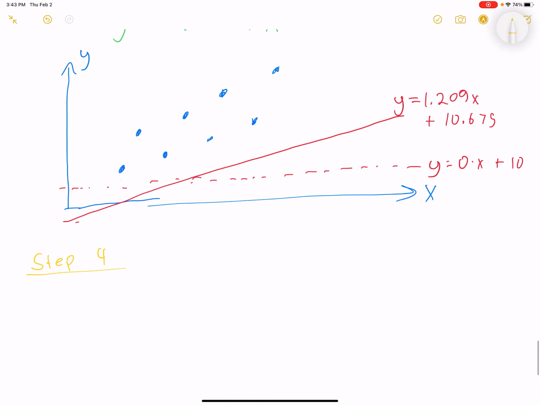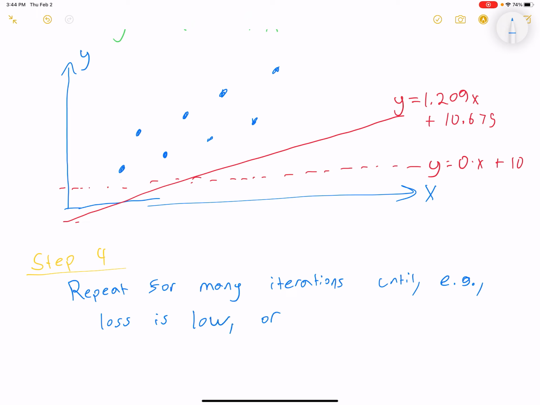And finally, step 4 is go back to step 2. So repeat for many iterations until, for example, the loss is low, or the number of iterations is too high, or... You can define when you stop.